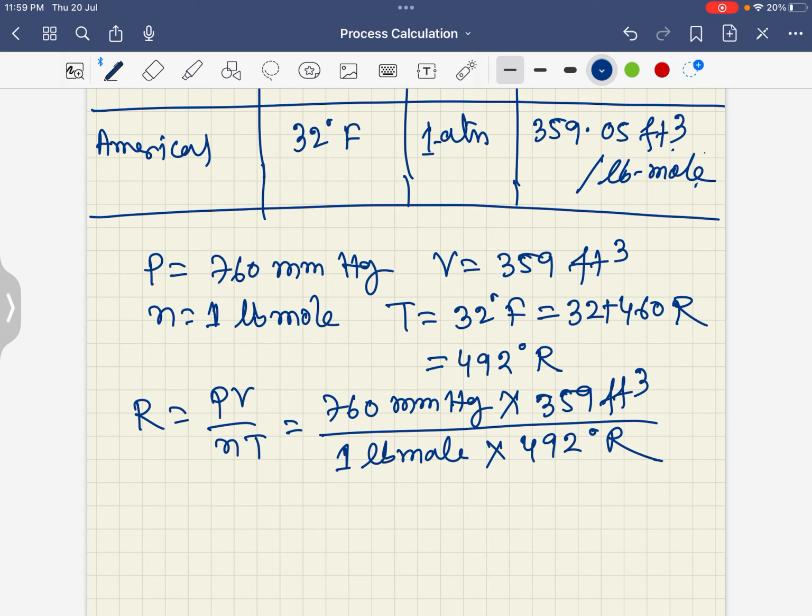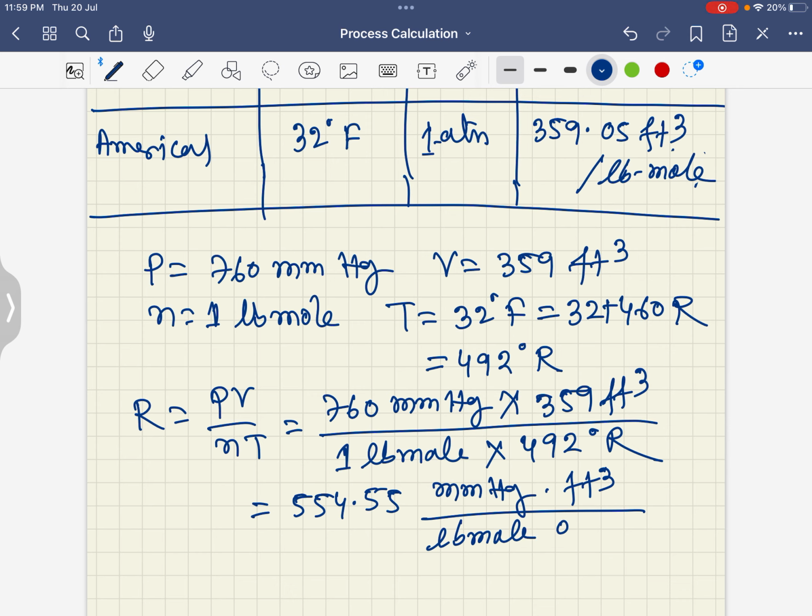So then if we do the calculation, we'll get a different R. So that R will be 554.55 mm Hg feet cube per pound mole Rankine.